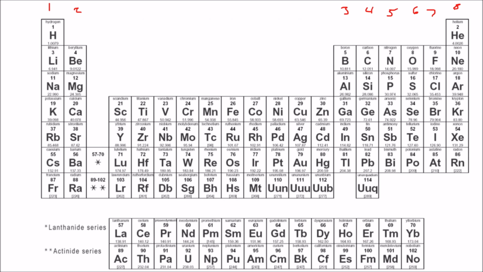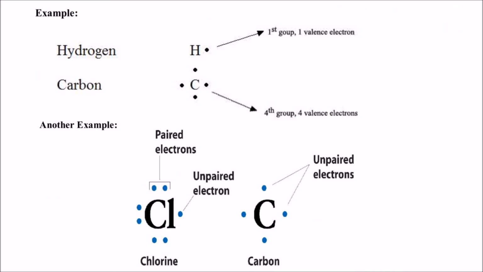That is how many valence electrons the elements have in that group. So all of these have 1 valence electron. These have 2. We're not going to talk about these yet. And there's 3, 4, 5, 6, 7, 8. Okay, so it's very simple to know how many valence electrons an element has. Okay, so if we were doing chlorine, it's in that 7th group, so it's got 7 valence electrons.